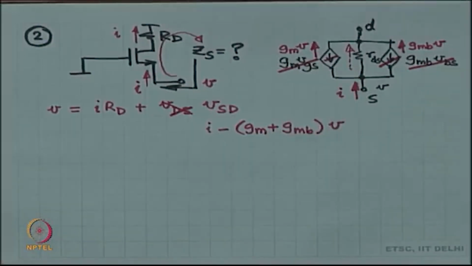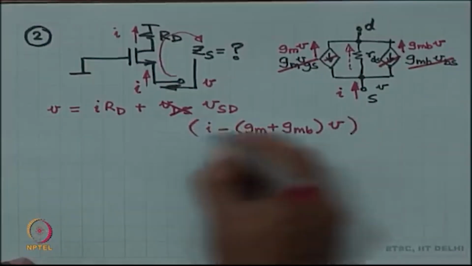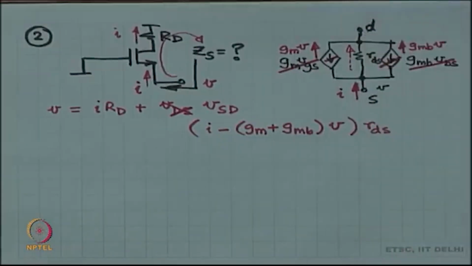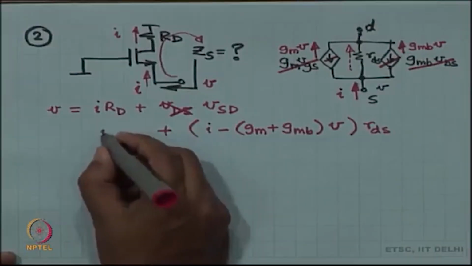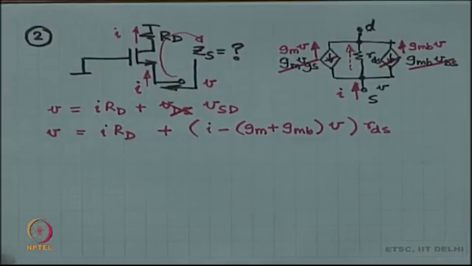This is the current through RDS, and the voltage drop across RDS is therefore this times RDS, and that is going to be VSD. So, this is the KVL. Now, put all the V's together.